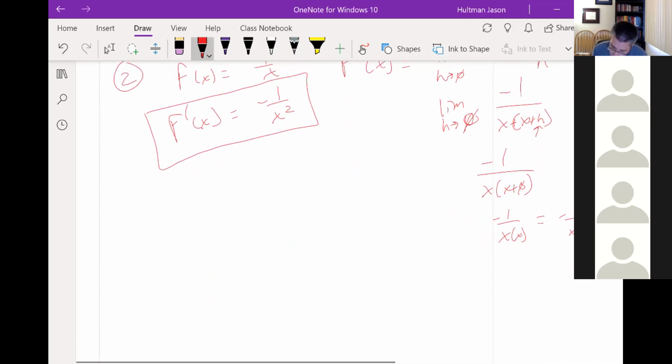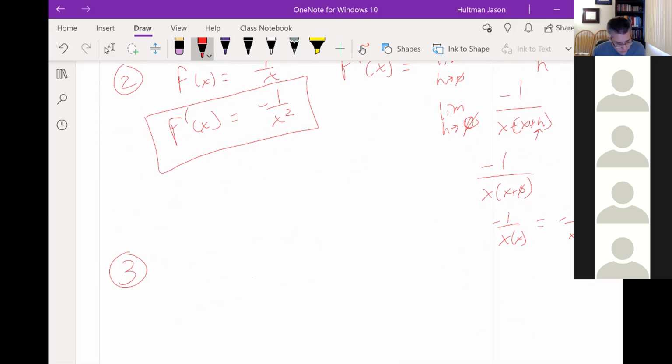Let's do it for the next one, number 3. If we have f of x equals radical x, we want to find the derivative of that. f prime of x is equal to the limit as h goes to 0 of f of x plus h minus f of x all over h.